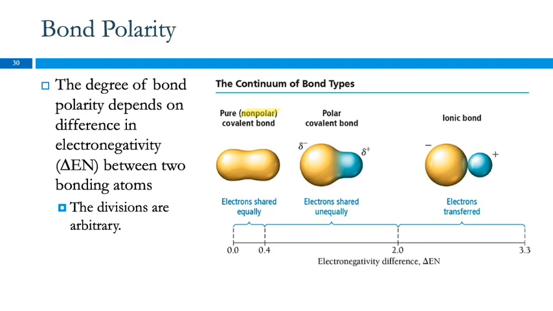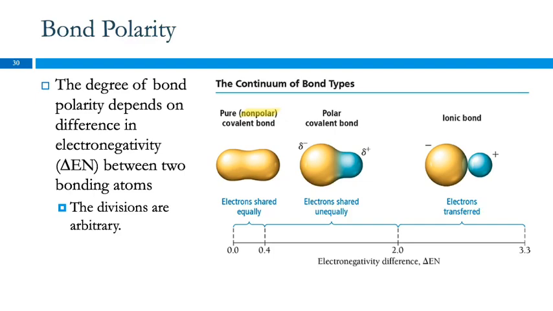Yes? An example for the nonpolar, is it where there are the two same elements? Yes. A nonpolar bond will always be found when you have two atoms of the same element, like fluorine and fluorine. Same attraction, right? So shared equally, or hydrogen and hydrogen. All those diatomic molecules are going to be like that.